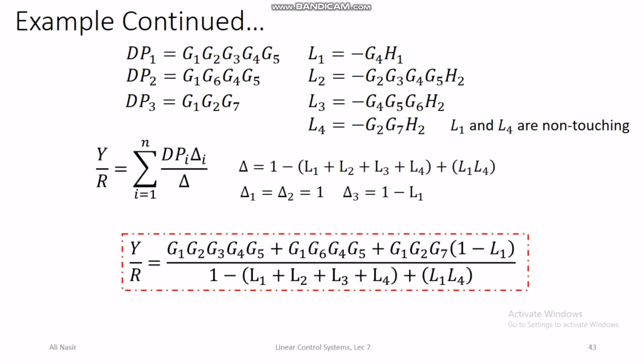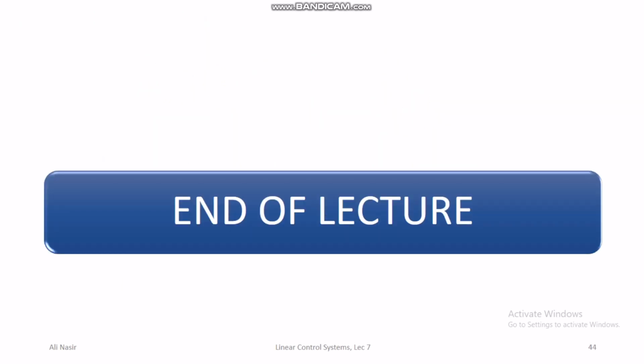So this is it, dear students, and I hope that you were able to understand how we simplify block diagrams. I had to have you go through all this tedious work of simplifying block diagrams just to make you appreciate and understand Mason's rule.